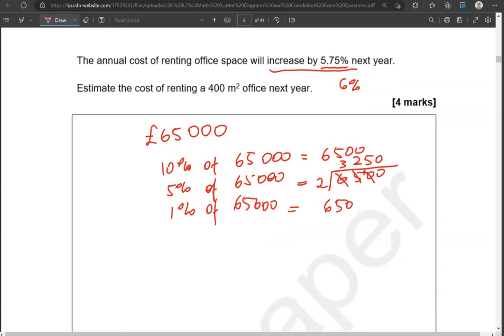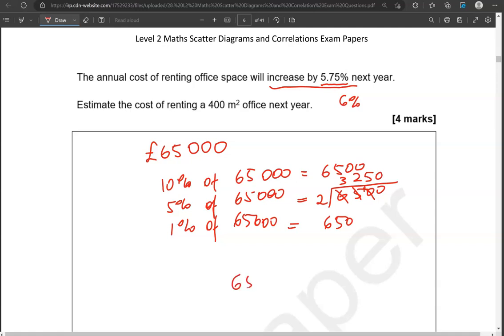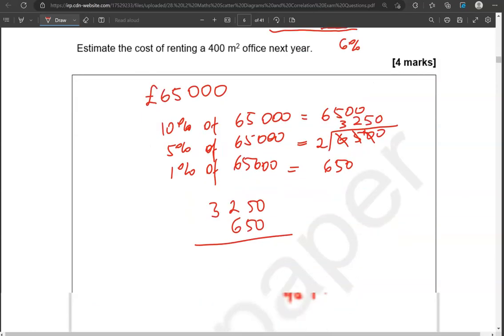So now I'm going to add the 650 on top of 3,250. So that is 10 here, carrying over 1. 8 and 1 is 9. So £3,900 increase, that is.